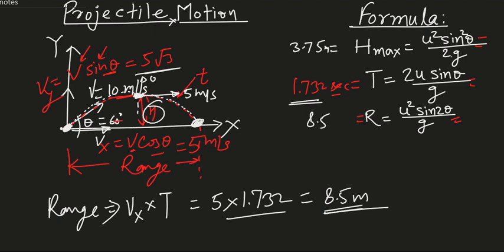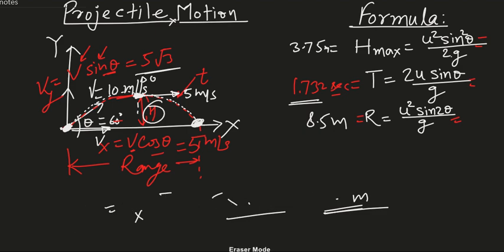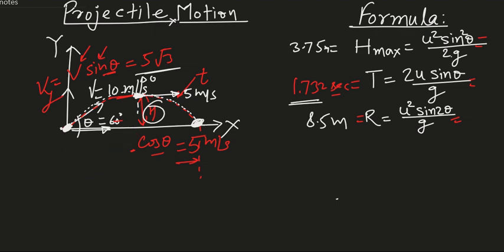So this is range. Now what we will do is we will use these formulas to calculate the values again. Simply clear all these things, also clear these things so it looks good.